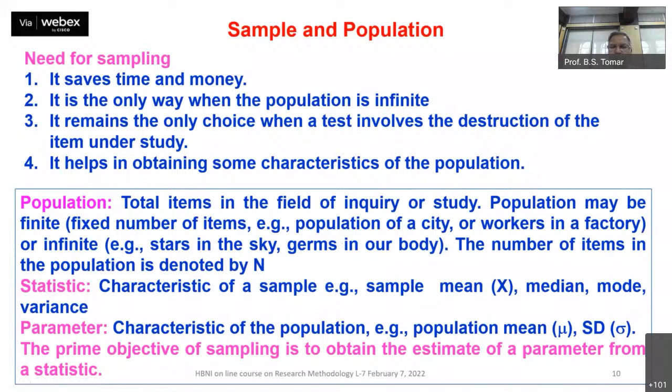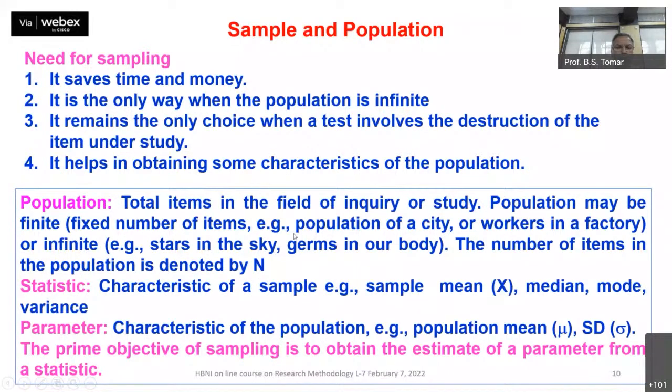You cannot count them. So the number of items in a population we will call capital N henceforth. Remember that whenever we say capital N, it is the number of items in the population. Now, when you do a sample analysis, from that we get some parameters.